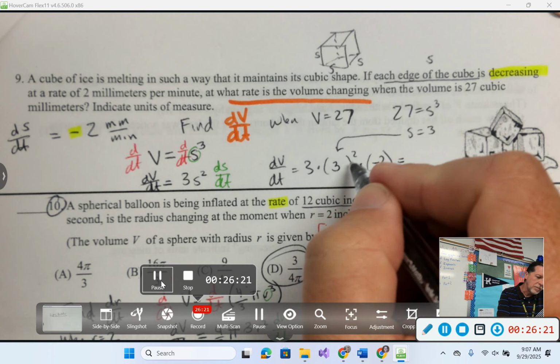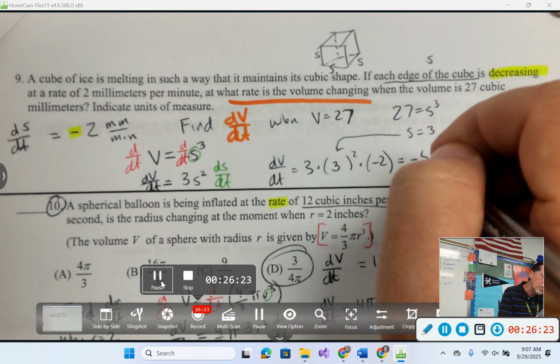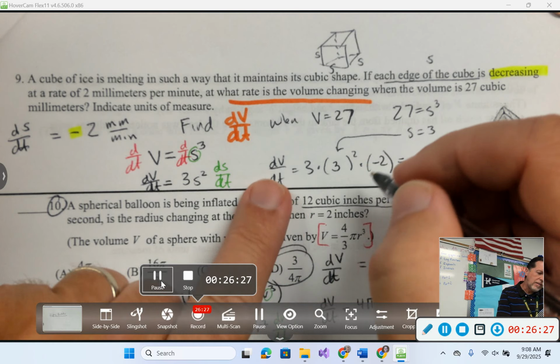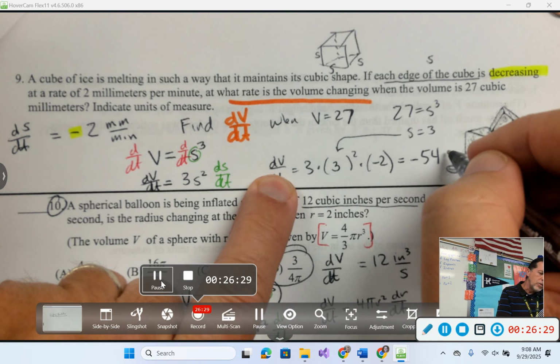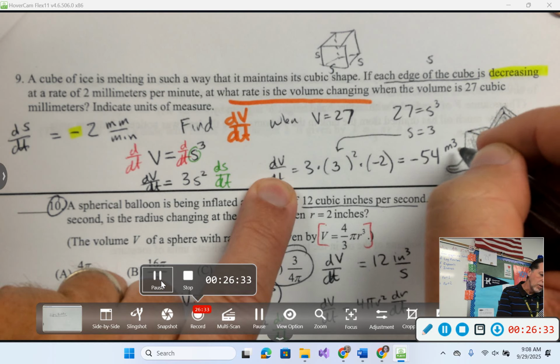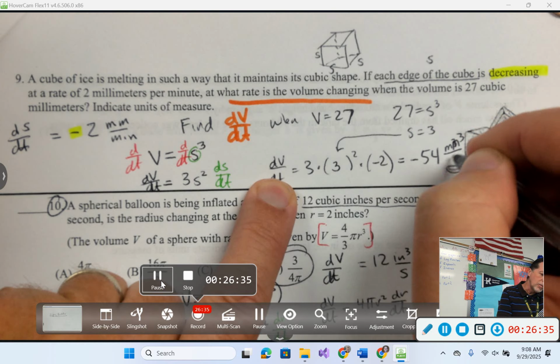So 3 times 9 is 27, times 2 is 54. Negative 54. Units of volume are millimeters cubed per minute.